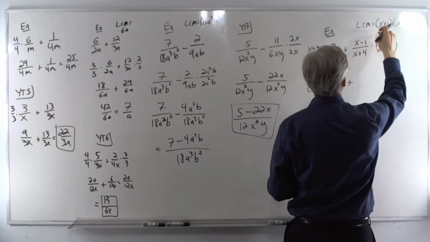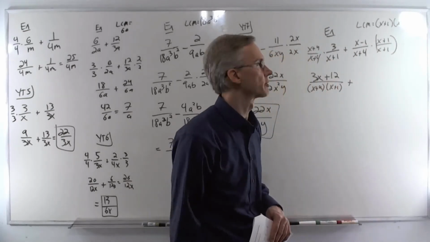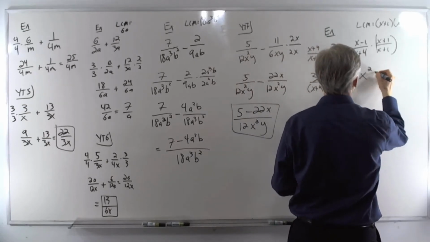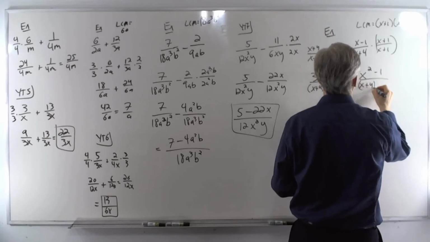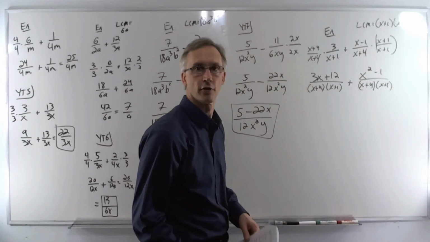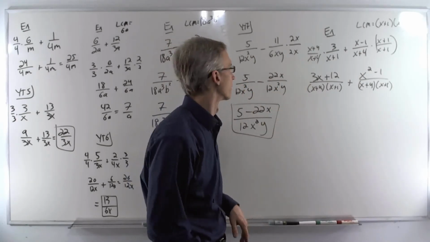Looks like we have the factored form of difference of squares, x minus 1 times x plus 1. So if we just use the difference of squares formula, this turns into x squared minus 1. So just another example of how knowing your formulas is a time saver. We didn't have to FOIL and cancel, we just wrote down the answer.